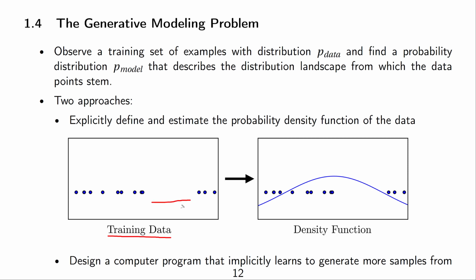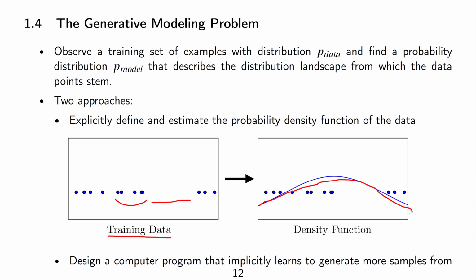So we can see that maybe here's some gap, there's no data here, but maybe here there seem to be more samples than in other regions. And one way to do generative modeling would be to fit some form of a density function to these samples. So the fitted density function is this blue curve here. So this would be just one example.